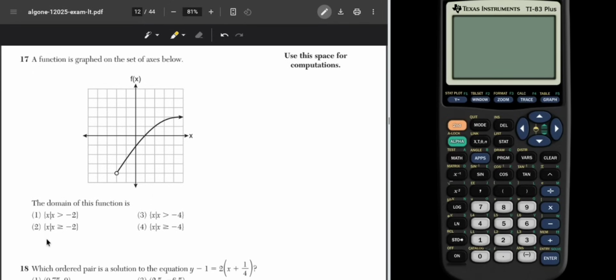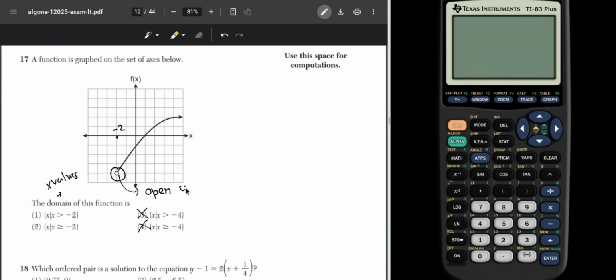Number 17 says, the function is graphed on the set of axes below. The domain of this function is, so domain asks about the values of x. Okay? So I'm going to look at my values of x. So my value of x at the beginning, at this point right here, is at -2. So I can already eliminate answer choices 3 and 4. Now, when my graph starts, it's an open circle.